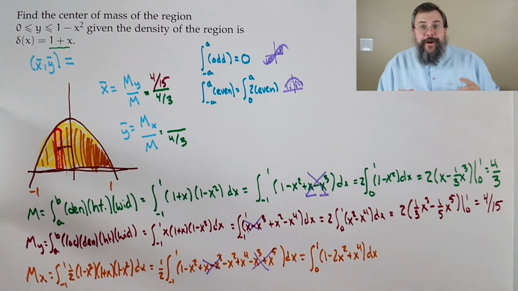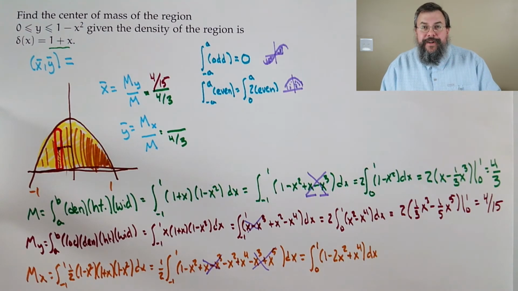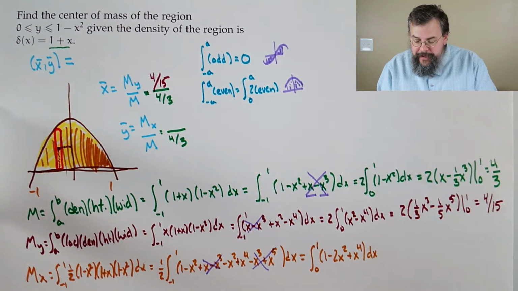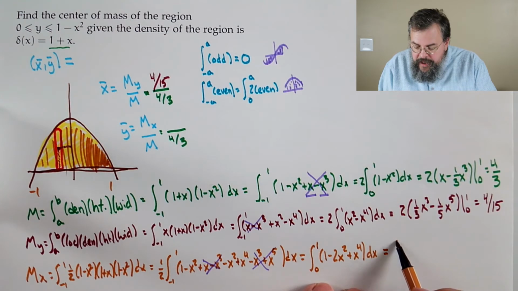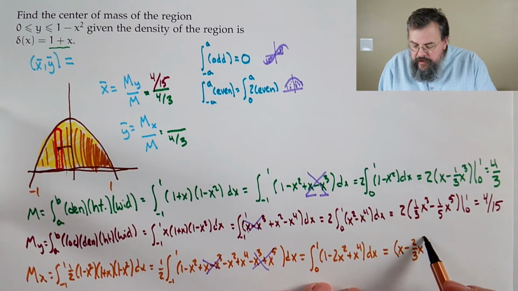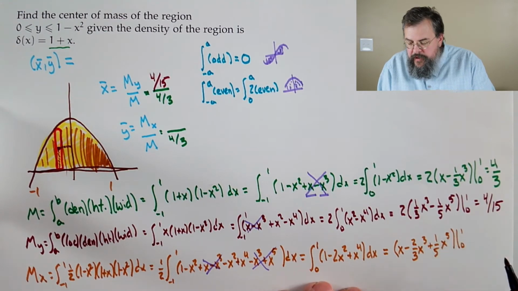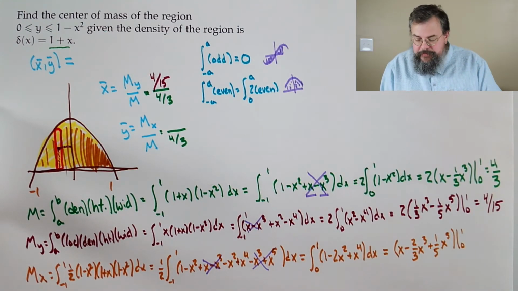All right, we did it. We made it. Well, almost. A little bit more work to do. So now, integrate, and then we're home free. So here we go. This will be x minus 2/3 x cubed plus 1/5 x to the 5th from 0 to 1. Well, plug in 0, you get 0. Plug in 1. That's what we might want to do.